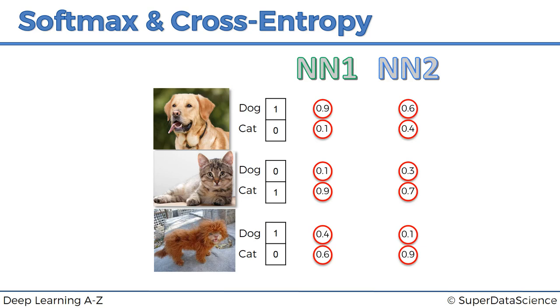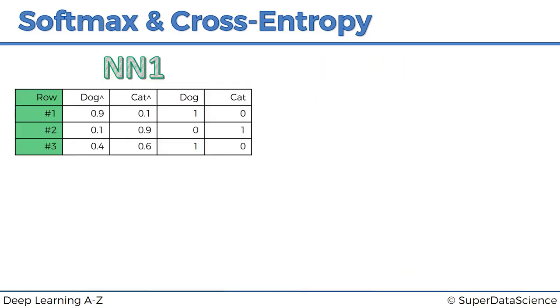So neural network 1 is outperforming across the board when compared to neural network 2. Now we're going to look at the functions that can measure performance, which we've talked about already. So let's put these into a table. There's neural network 1. You have the row number, so that's the image number. And then for image 1, you have what it predicted, 90% dog, 10% cat.